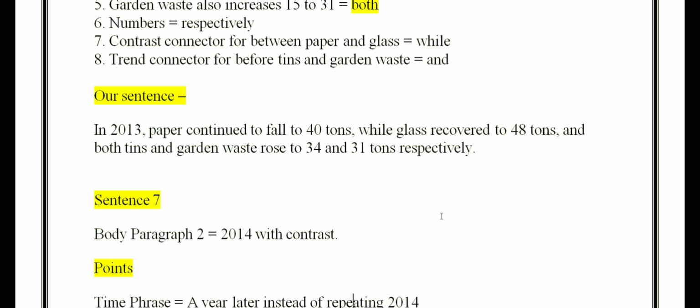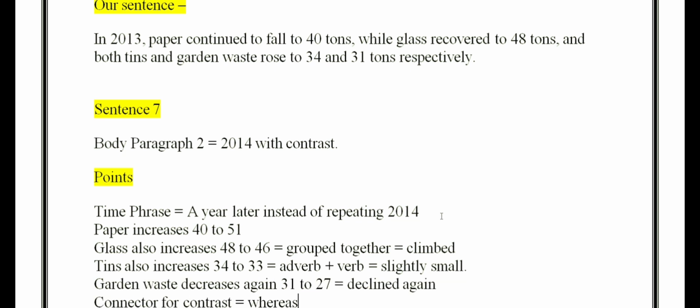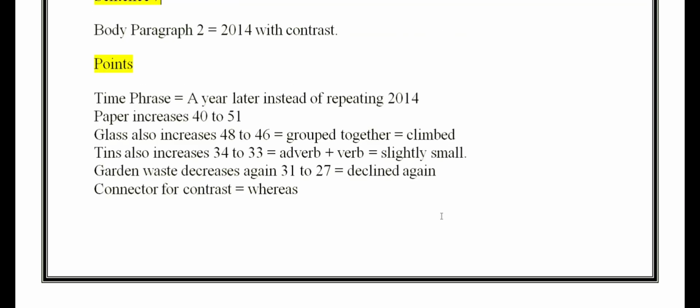Sentence 7 now, which is body paragraph 2. I am speaking about 2014 with a contrast. The point is, instead of using the year, I use a time phrase, which is a year later. A year later, paper has increased from 40 to 51. Glass also has increased from 48 to 46.